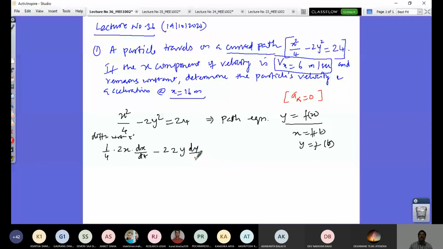Now this can be further differentiated, as 1 by 2 into the uv differential.